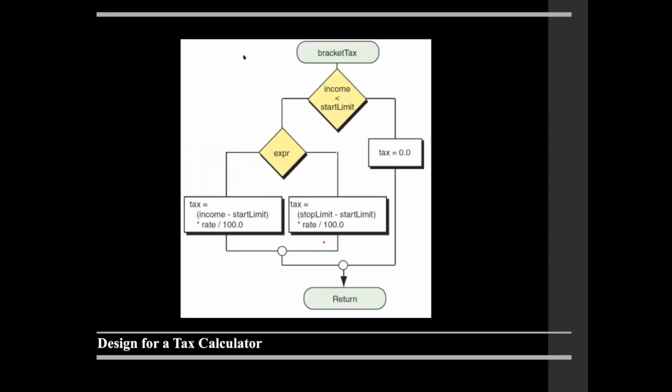This is a conditional flow chart, a decision chart that shows you, based on the tax bracket, the decision calls for: if income is less than the start limit, if true, if false. So there's a decision here, and you can use if and else.